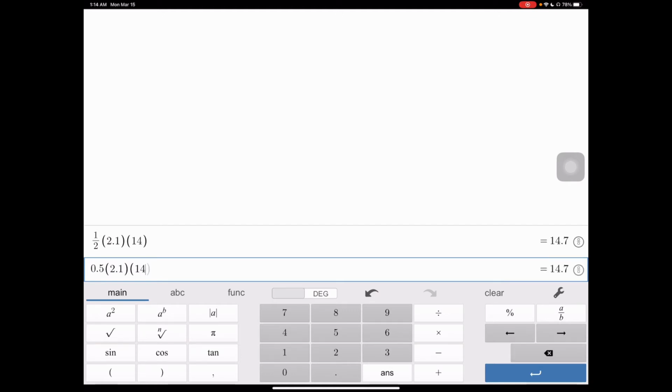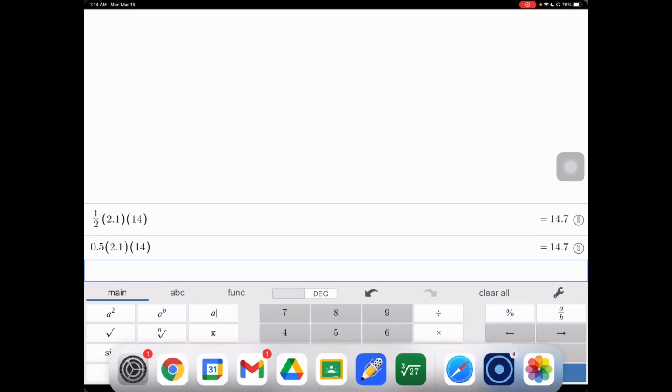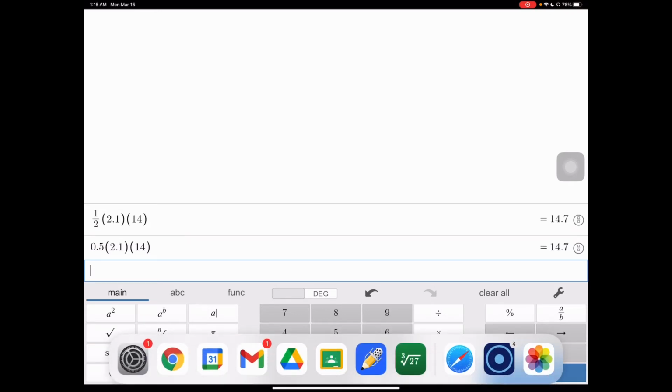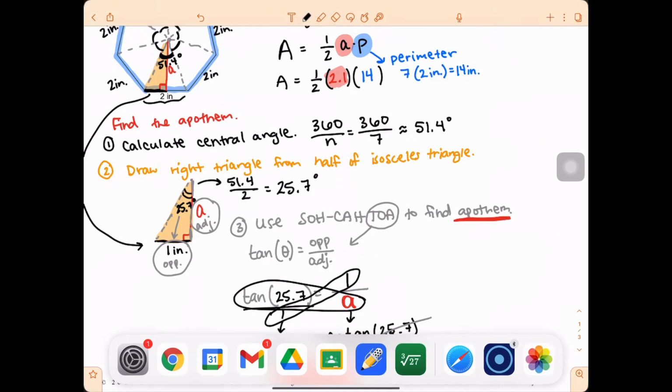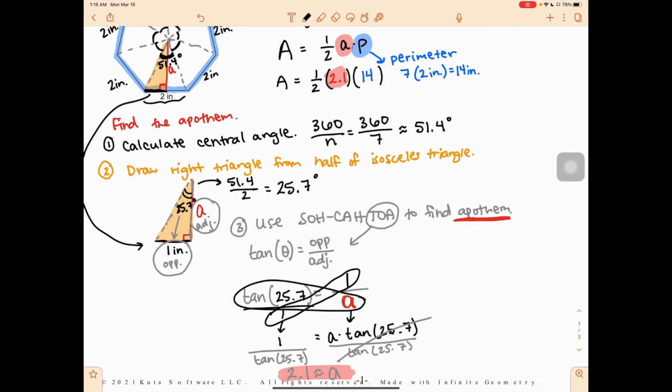As long as you type in the rest of the numbers right. Okay, so 14.7 is our area of this heptagon, this regular heptagon, regular 7-sided figure. So the area equals 14.7 inches squared.